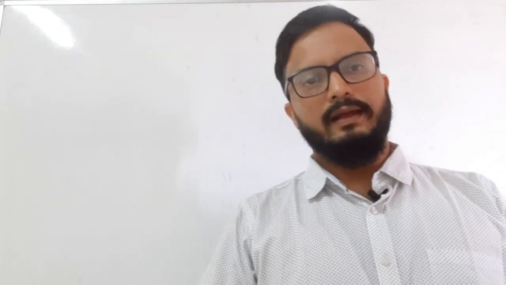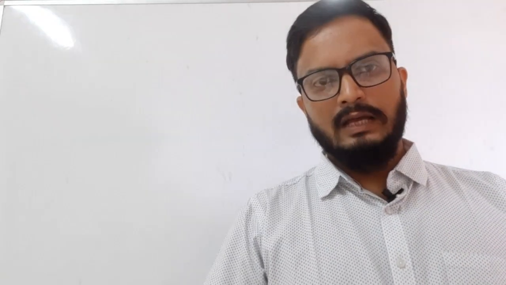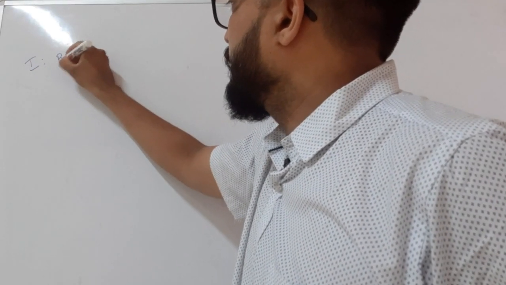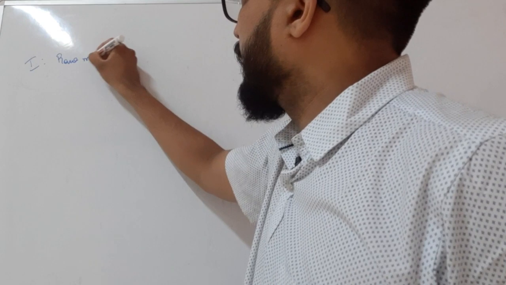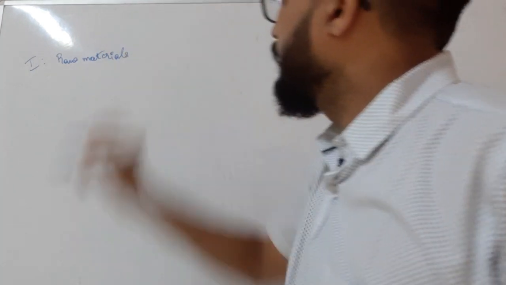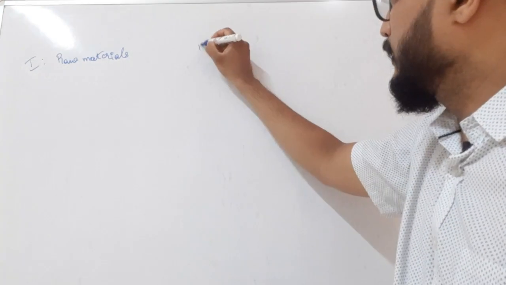Before going into the details of the steps involved in thyroid hormone synthesis, first we will see the components involved in the production of thyroid hormones under three broad categories. Number one, the raw materials that are involved in the thyroid hormone synthesis.